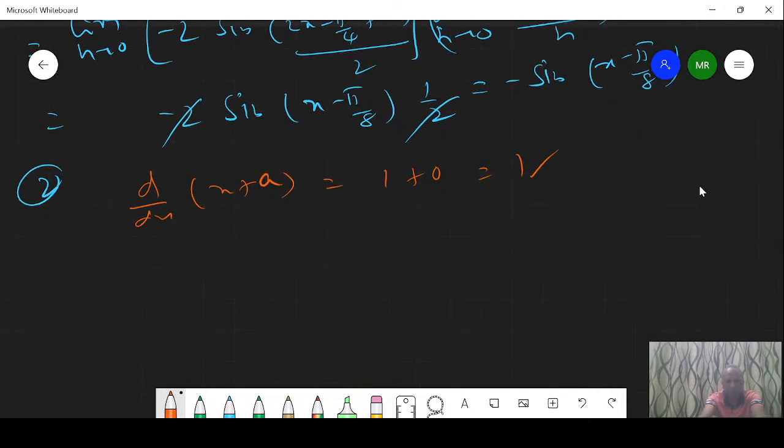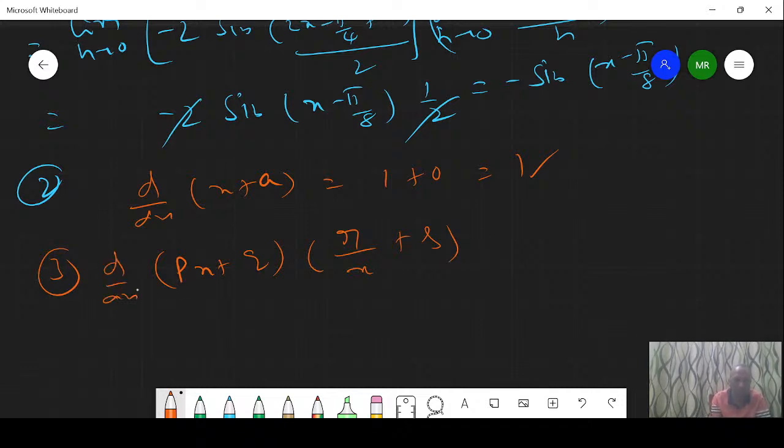Right. Next one. They are asking the third problem. Find the derivative of (px plus q) into (r by x plus s), where p, q, r and s are fixed non-zero constants.